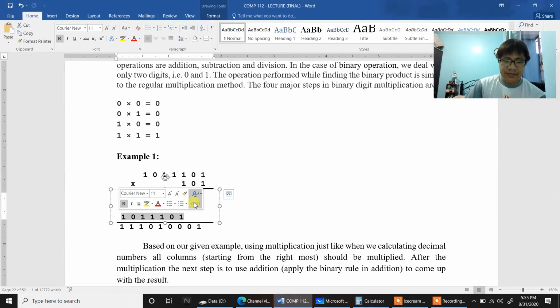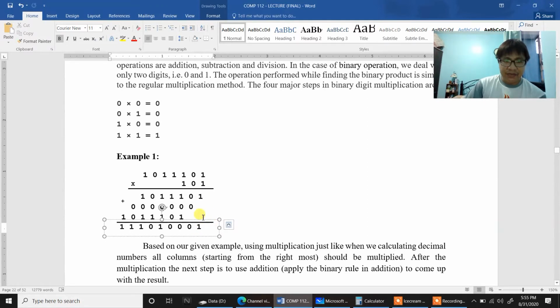So observe the placement, it should be in its proper column, because it will change the answer if there is a misplacement of the column. So just little precautions anyway. Okay, so we have 1, then 1, then 0. The next thing after the multiplication is the addition.